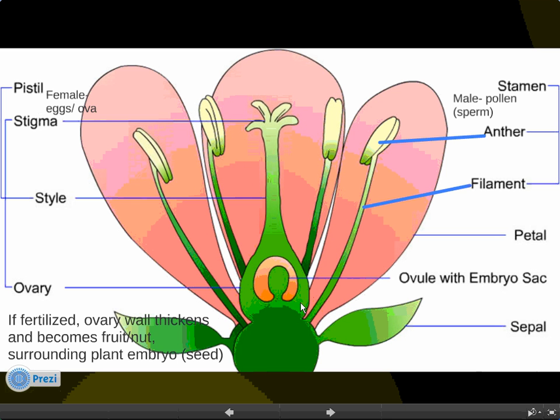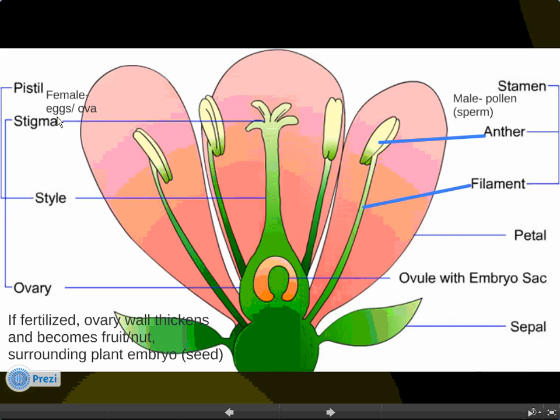At the very bottom is the ovary, and inside is the egg, or sometimes called the ovule or the ova. This middle part is called the style, and then on top you have something called the stigma. It's kind of like Velcro, and it catches pollen. All together, this big middle part is called the pistil.